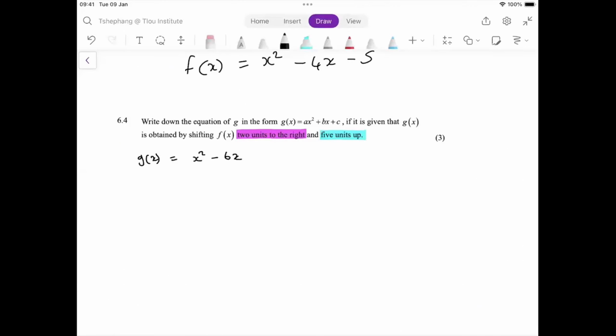Somebody got 2x. I'm assuming that it's 2x squared minus 6x minus 5. Let's quickly check.